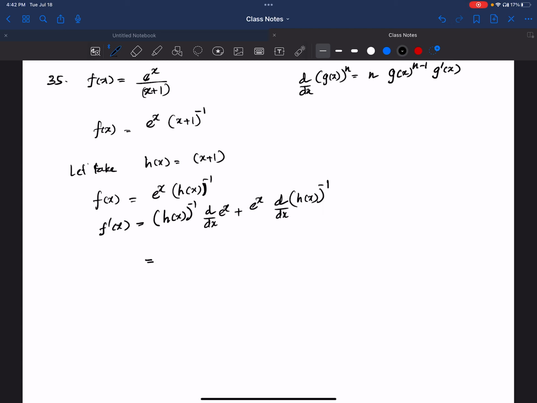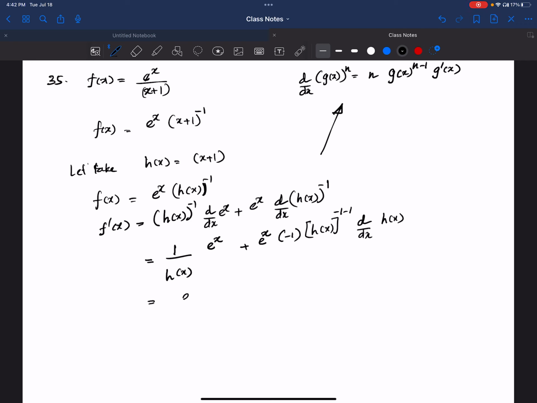So I can write this is 1 over h of x, this is e to the power x, plus e to the power x, and now I'm going to apply this rule here, right? n is negative 1, h of x to the power negative 1 minus 1 times d over dx h of x.